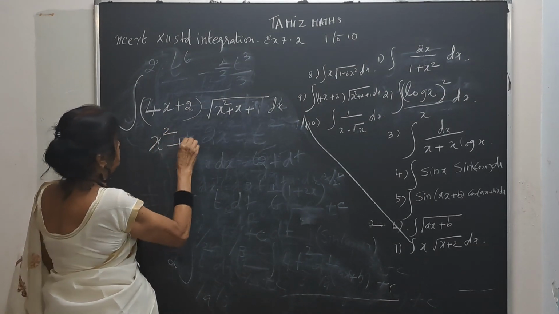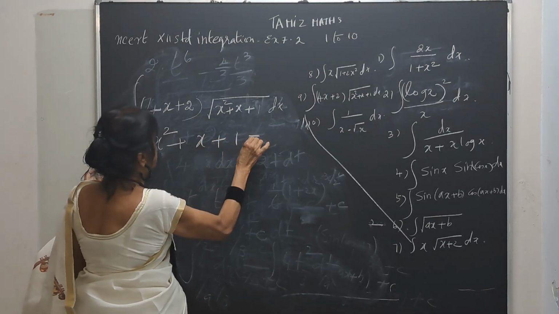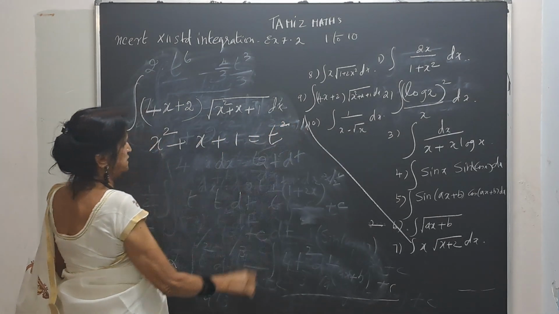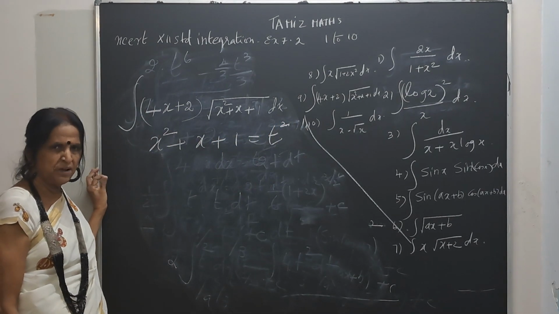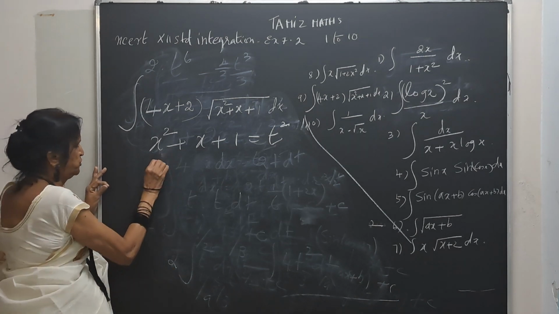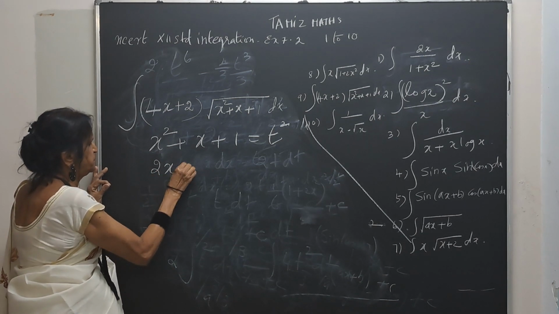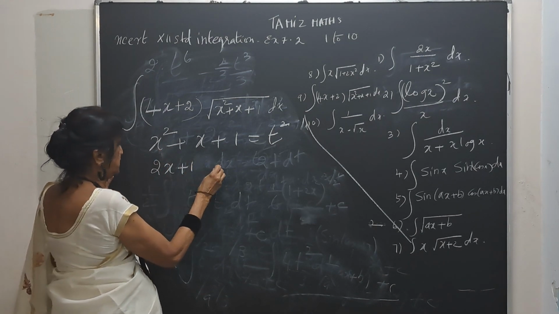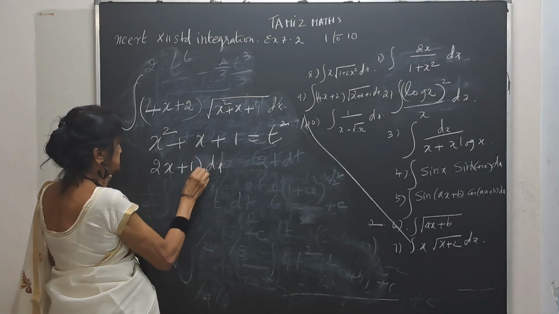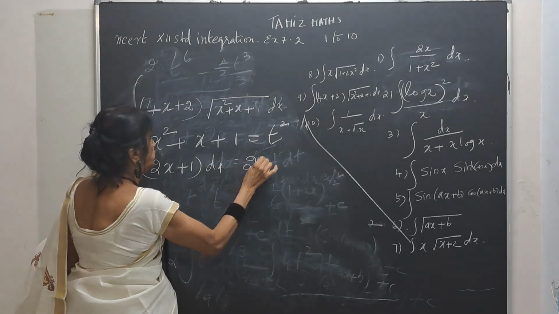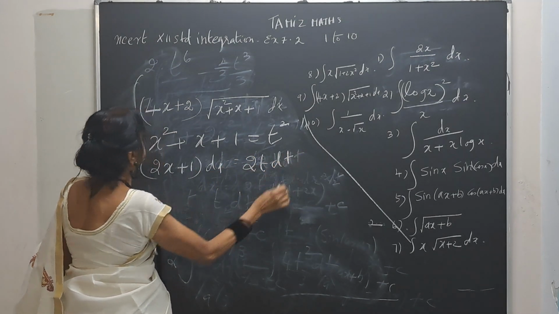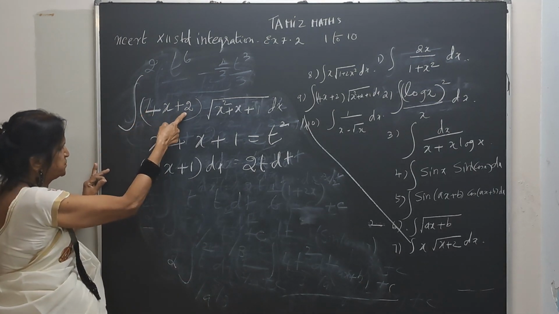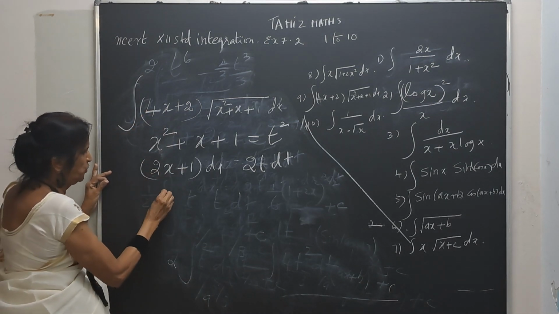So put x square plus x plus 1 as t square. You can put t square, you can put t also. Differentiate both sides. 2x plus 1 dx is equal to 2t dt. But I have 4x plus 2. So multiply by 2.